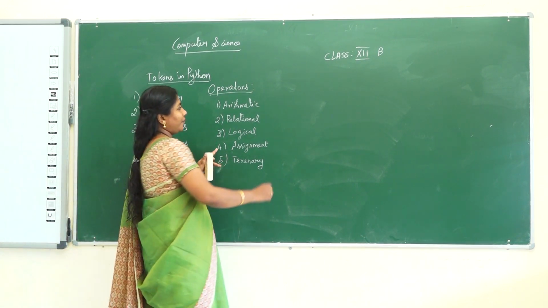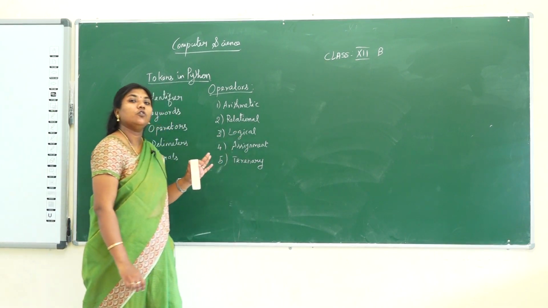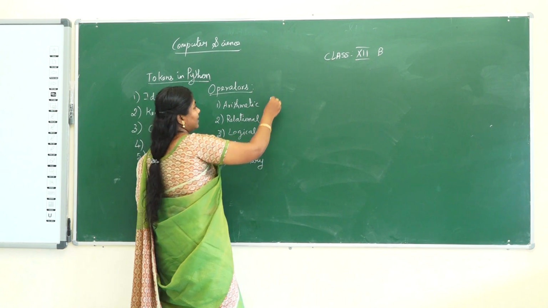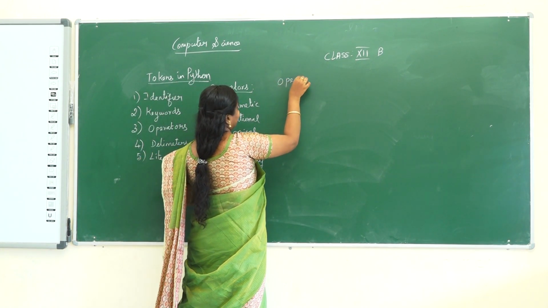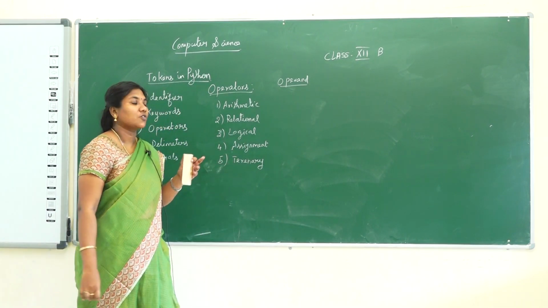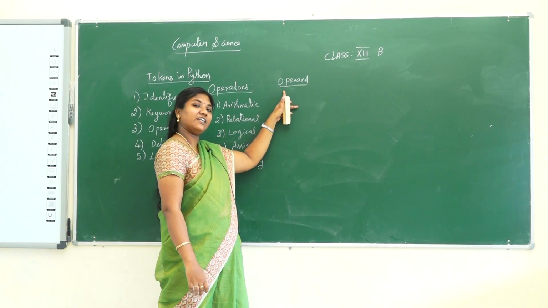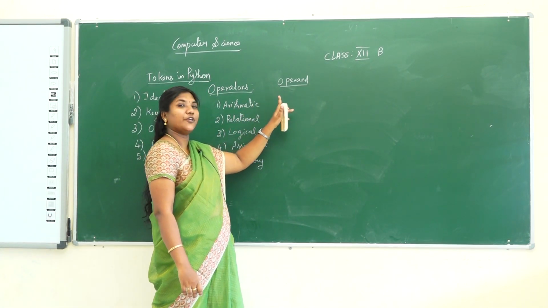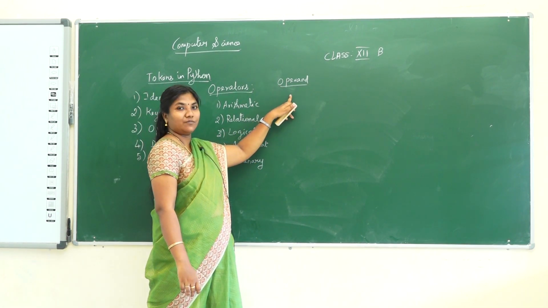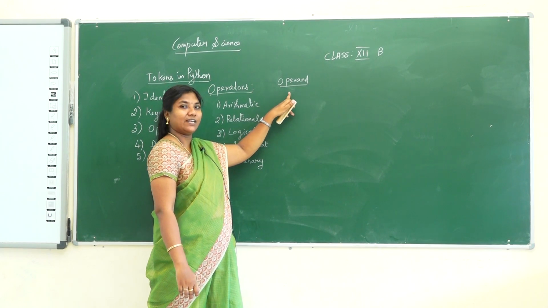So what do you mean by operator? I have already said it is used to do some calculations or operations. Next we have to know about the word operand. So what is an operand? You have learned this word in C++ also in 11th standard. The operator operates on a value, that is the operand.